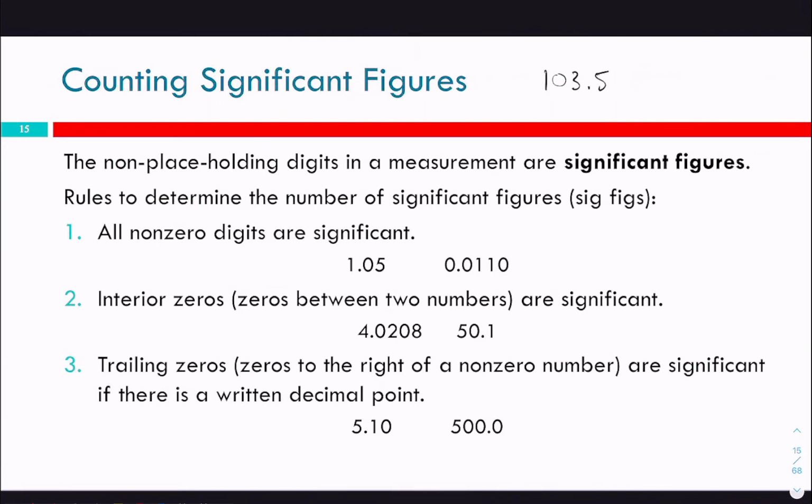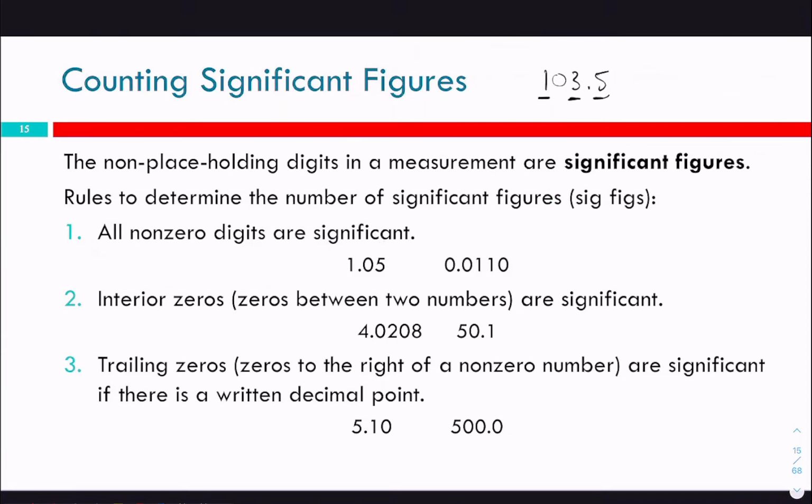Now you need to determine how many significant figures you have. So the rules are: all non-zero digits are significant. So 1, 2, 3, 4, 5, 6, 7, 8, 9, all of those are always significant. So in our number here, our 1, our 3, and our 5 are definitely significant digits.